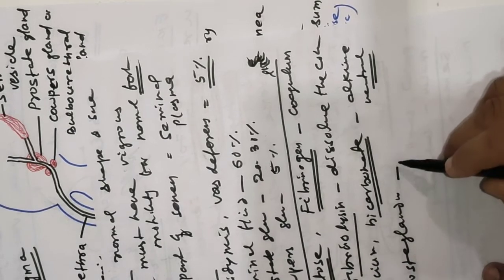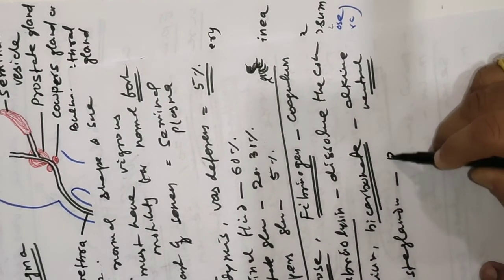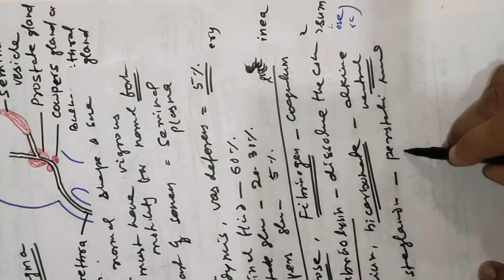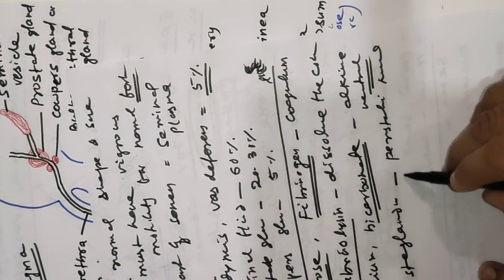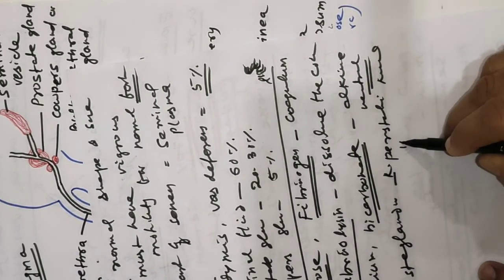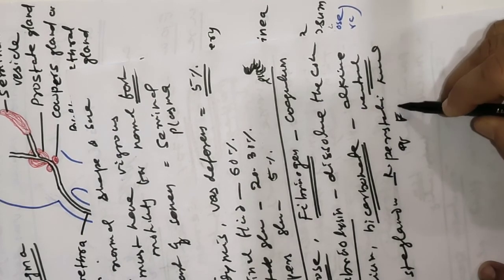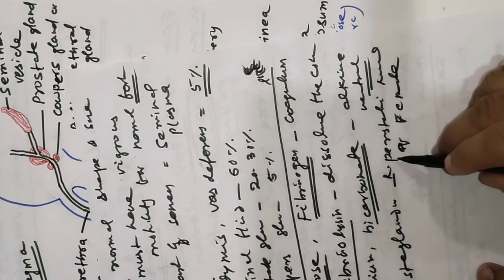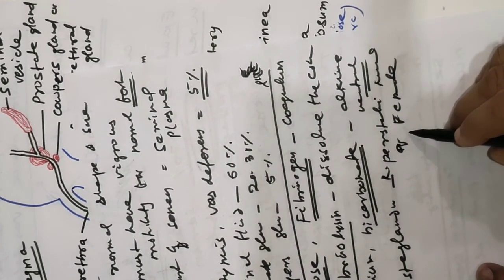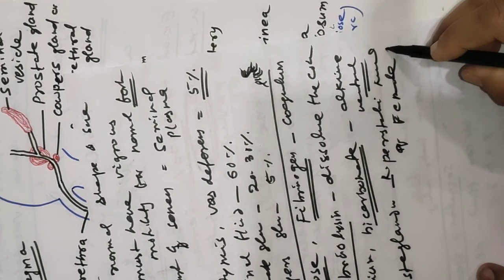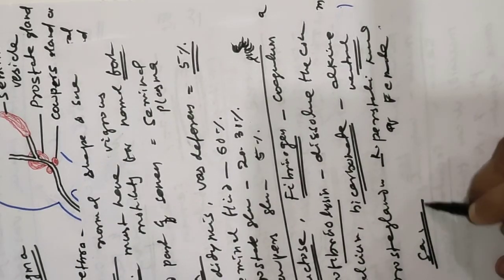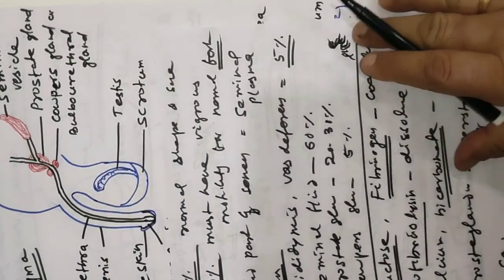helps in the peristaltic movement or reverse peristalsis movement of the female genital tract. Clear? The semen contains secretion of all these glands and the sperms.